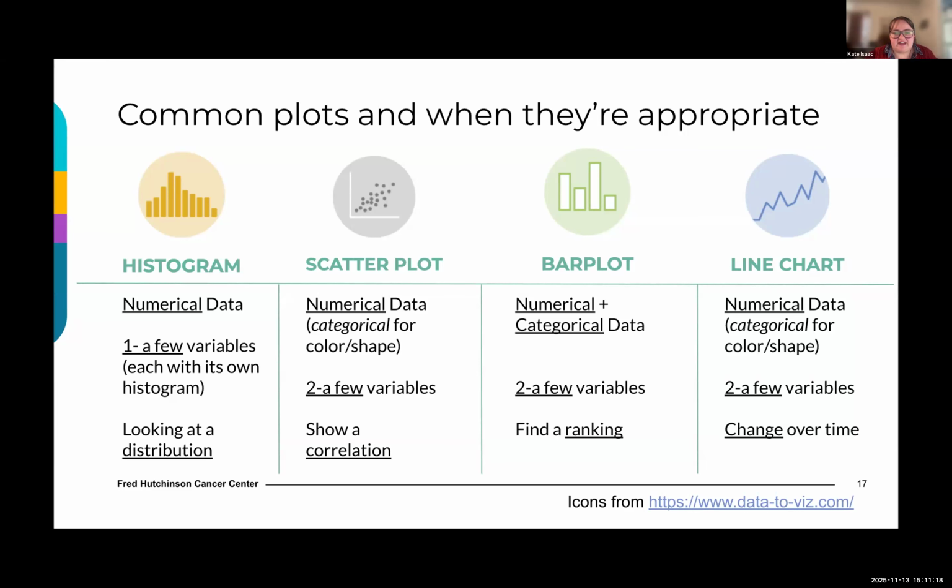And a line chart, similar to a scatter plot, is going to need at least 2 variables with numerical data for the x and the y-axis, with perhaps categorical data and another variable to affect the color or the shape of the lines. And it's going to look at change over time. So this is just a glimpse with some plots that we're hopefully comfortable with of how those questions affect the plot we're choosing.